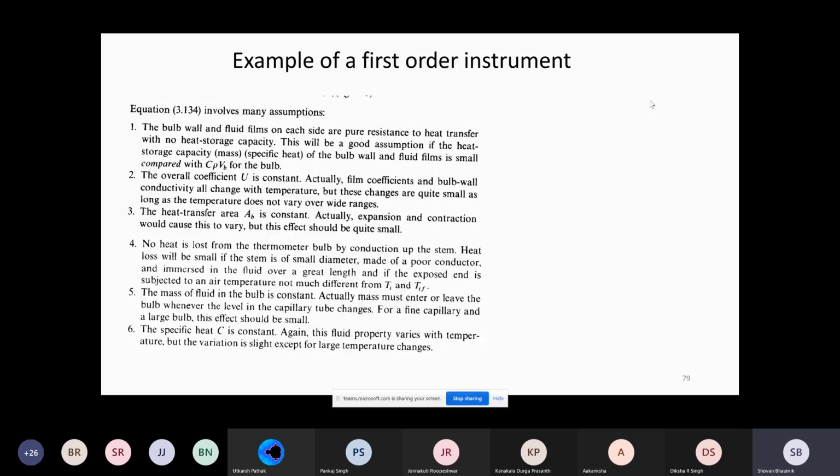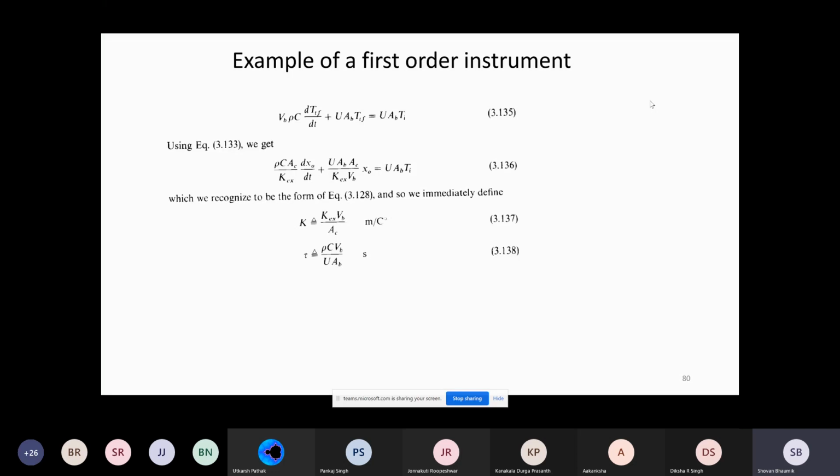So with those assumptions, we get the equation VB rho C dTTF/dt plus U AB TTF equals U AB TI. From this equation, using equation 3.133 and dividing, we get equation 3.136. From here you will see it is a first order differential equation.